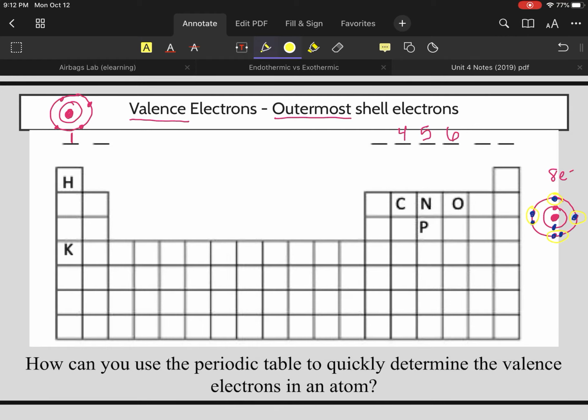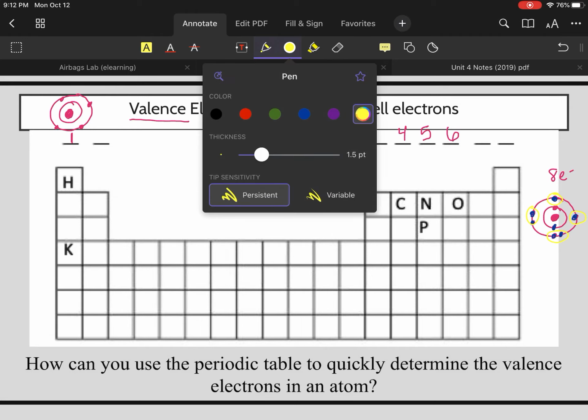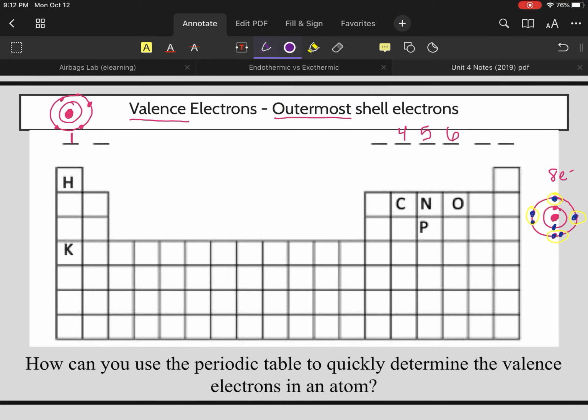So if we look, I have 1, blank, blank, 4, 5, 6, blank, blank. If I think about it, I really can just fill in these numbers: 2, 3, 7, and 8. So I'm really just counting from 1 to 8 as I'm going across the periodic table. Notice we don't have any blanks in here.